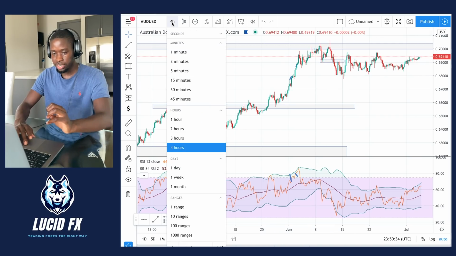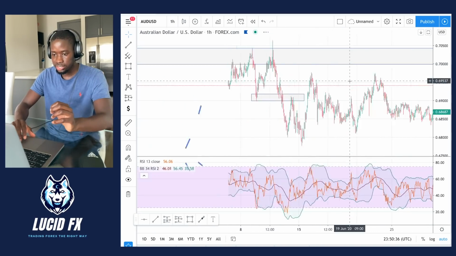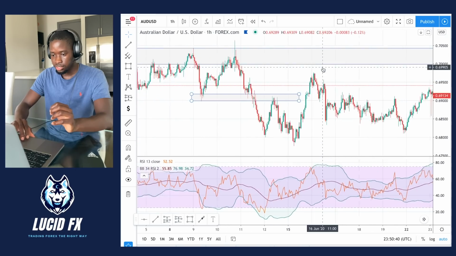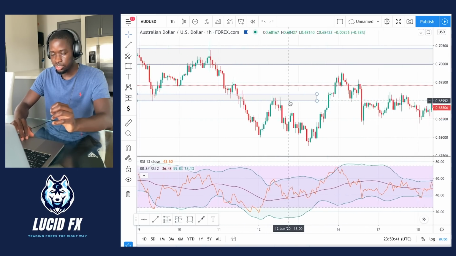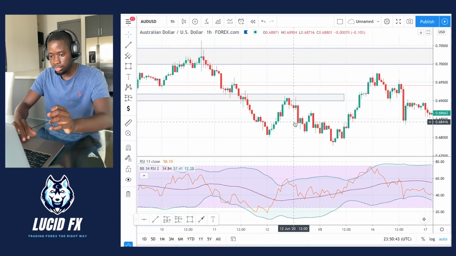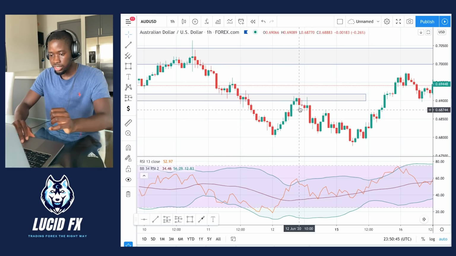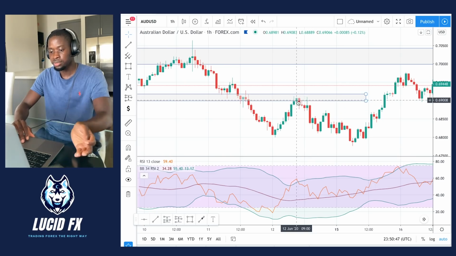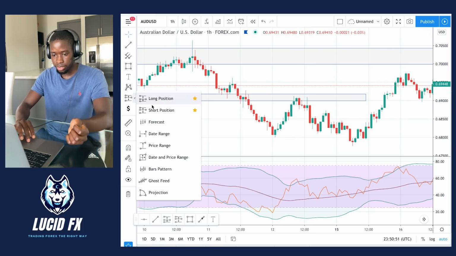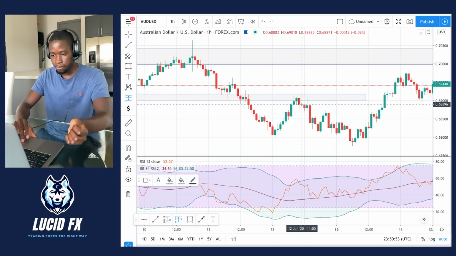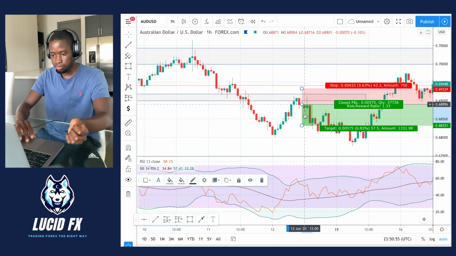Price came back to this key level and got rejected over here. As you can see, multiple rejection wicks, and you can also see another engulfing bar. A red engulfing bar right here, engulfing the previous bar at the level, and that's why I entered right here. You can see multiple rejections.